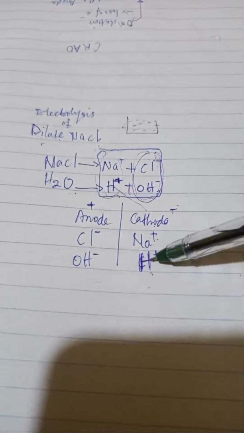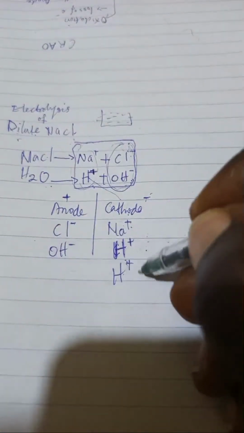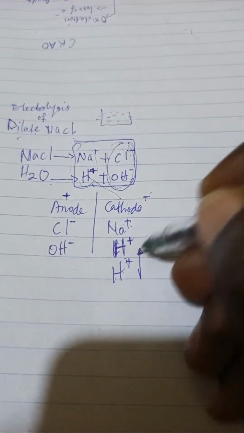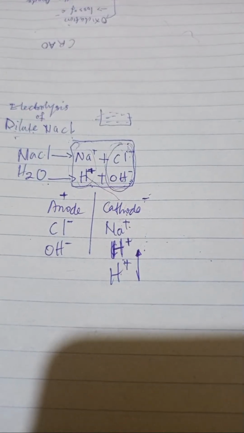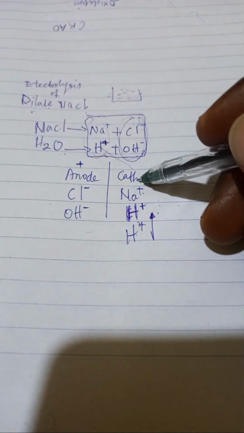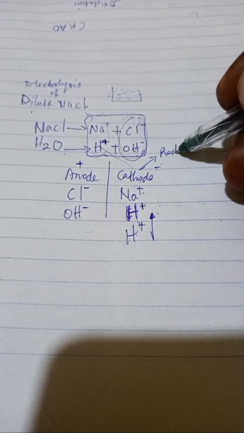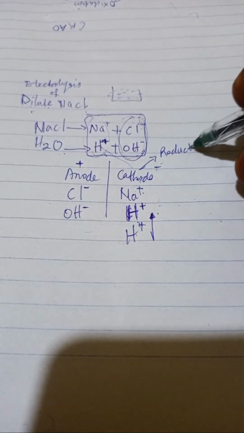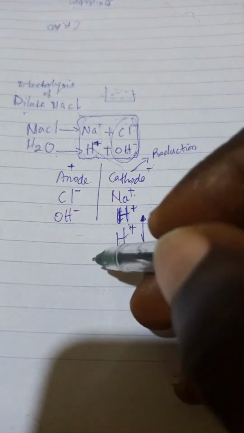So at the cathode, hydrogen gas will be given off. And they might ask you to write the equation. Don't be afraid, it's easy. Look at how to write it. Don't forget, what happens at the cathode? Reduction. What is reduction? Reduction is gain of electrons. So just write H+.